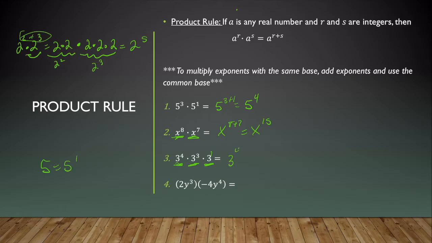So I'd have 3 to the 4 plus 3 plus 1, which would be 3 to the 8th power. And in this case, we distribute. So I've got negative 8y cubed times y to the 4th. That would give me negative 8y to the 3 plus 4, which is negative 8y to the 7th.